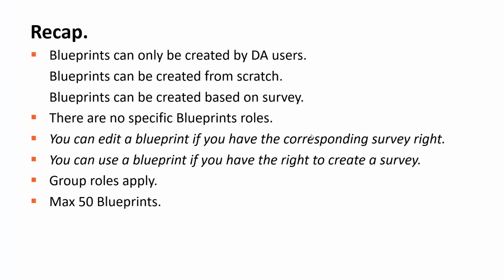When it comes to using blueprints, there are no specific blueprint roles. So anyone that can create a survey can also create a survey from a blueprint. If you have the right to edit a quota frame, you can also edit that quota frame in the blueprint. Group rules apply as I demoed. As already said, there's a max of 50 blueprints.